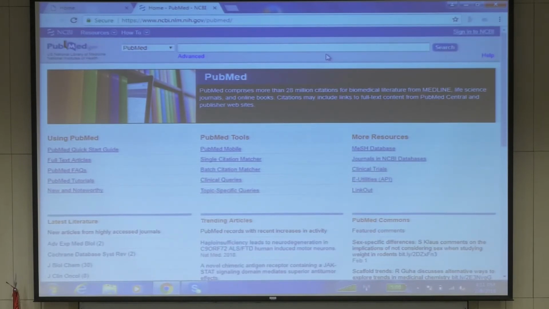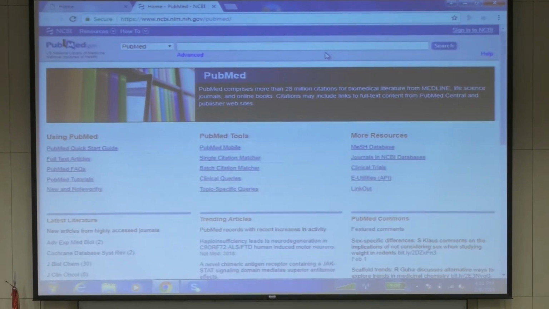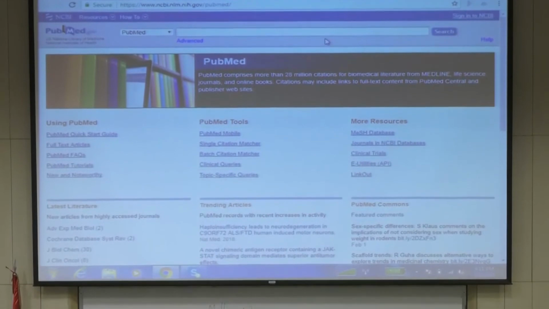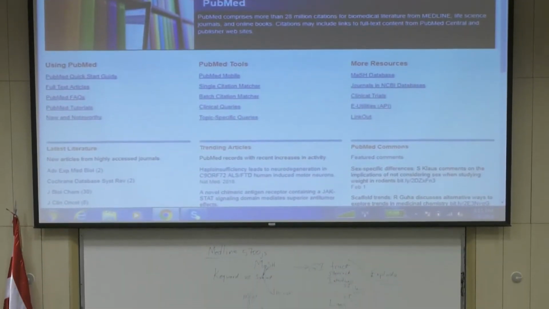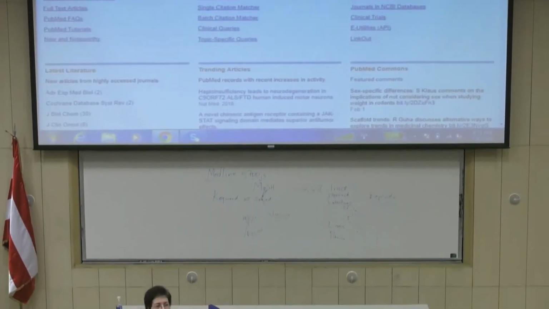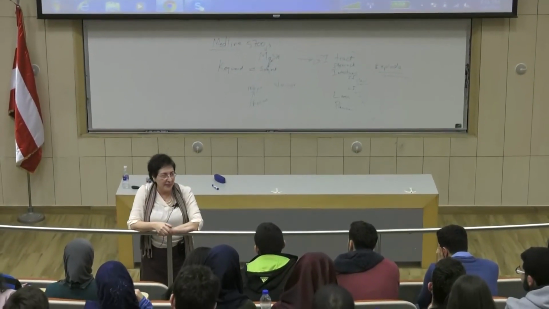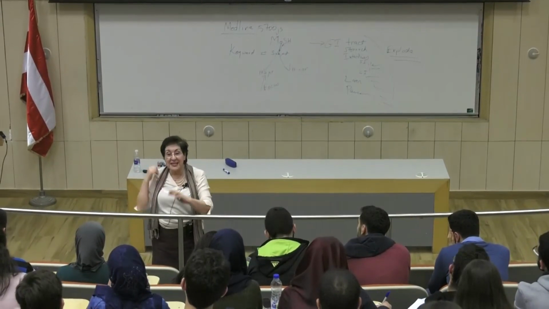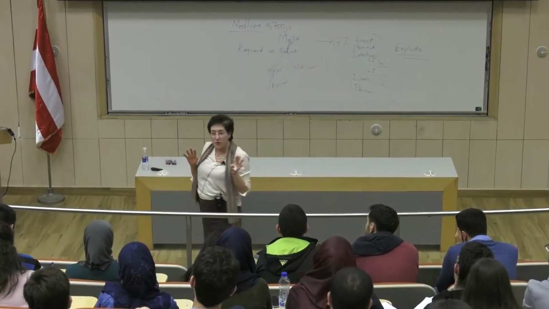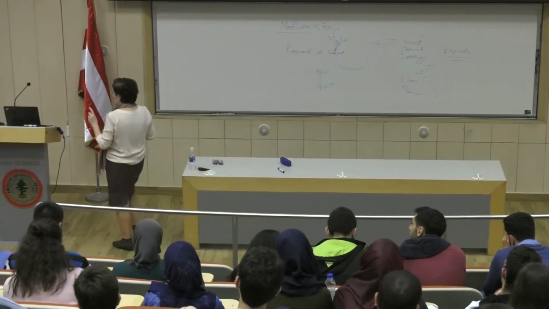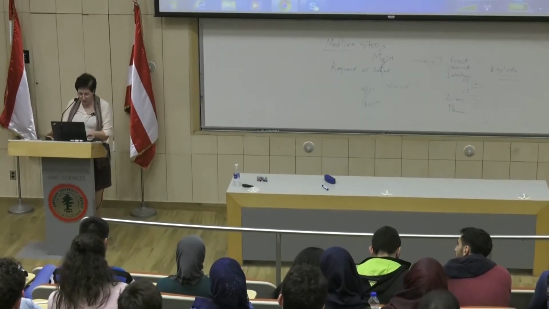The core content of PubMed is identical to MEDLINE, but PubMed has an additional 2% more articles than MEDLINE, and it's more up to date than MEDLINE. The search interface here is different. So for those who use PubMed, let me show you how to search PubMed.